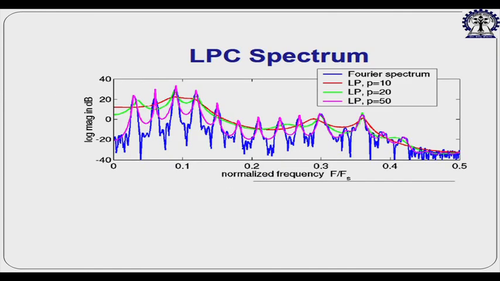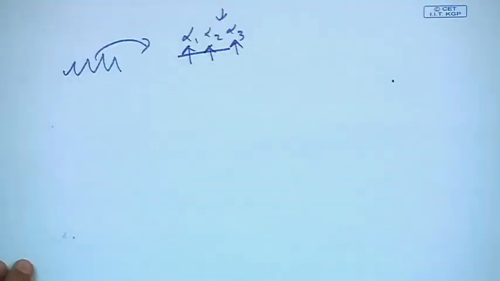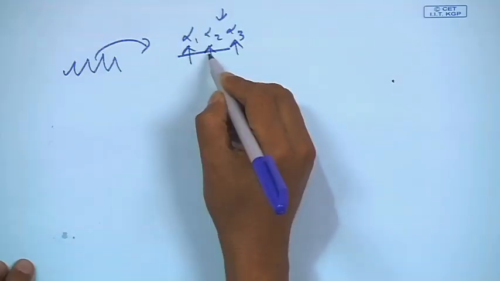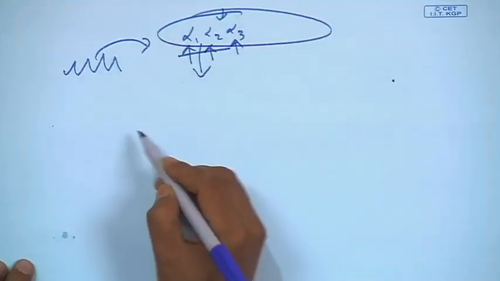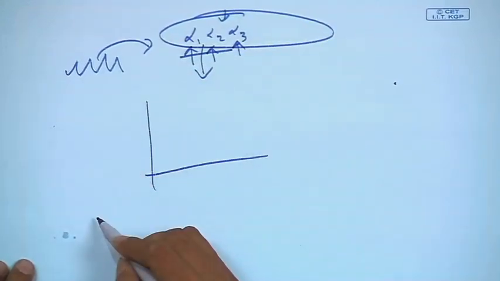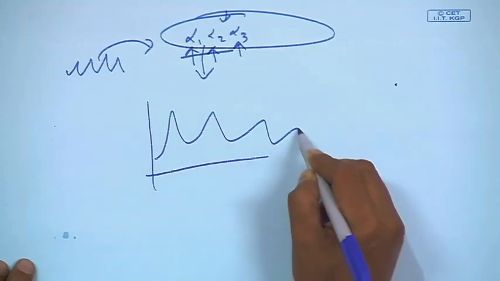Those coefficients represent the pole positions. So, if I take the frequency transform of those coefficients, I should get the LPC spectrum, which will give me the resonant frequency.